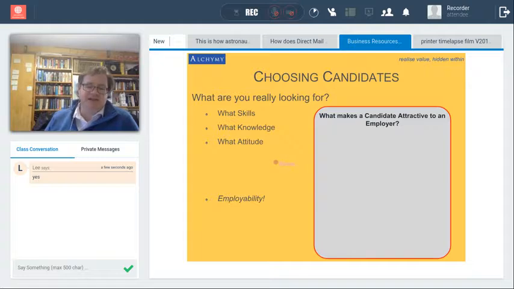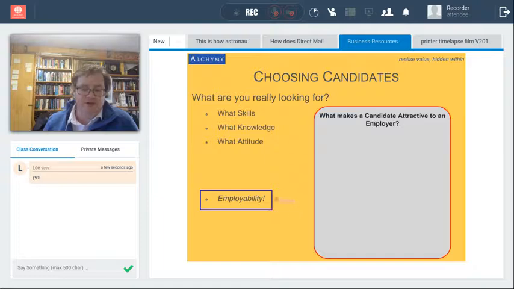Now, just to recap, last class we talked about choosing candidates. We had that idea around how we work out who we're going to hire, and central to that was the idea of skills, knowledge and attitude. In other words, what makes a candidate employable? What makes a candidate attractive to an employer?